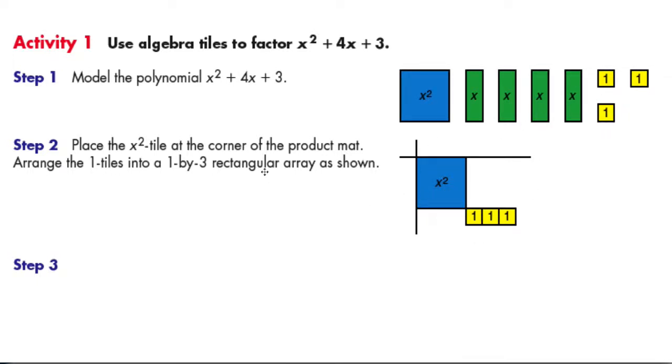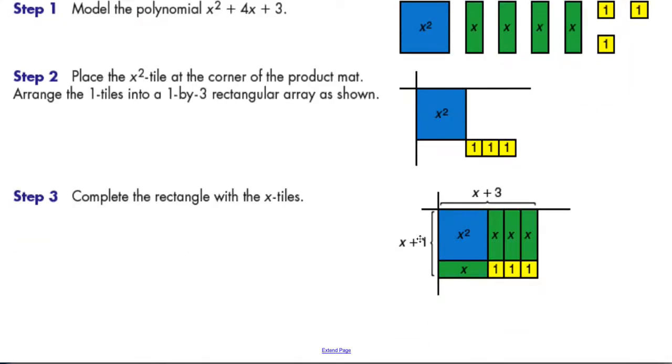Then after that, we simply complete the rectangle with the x tiles. Completing the rectangle, we put the 3 x tiles here, 1 x tile there, and we form a rectangle. If you notice, it has the dimensions x plus 1 and x plus 3. Why? Because this is considered to be x right here, and this is 1 unit as the width.